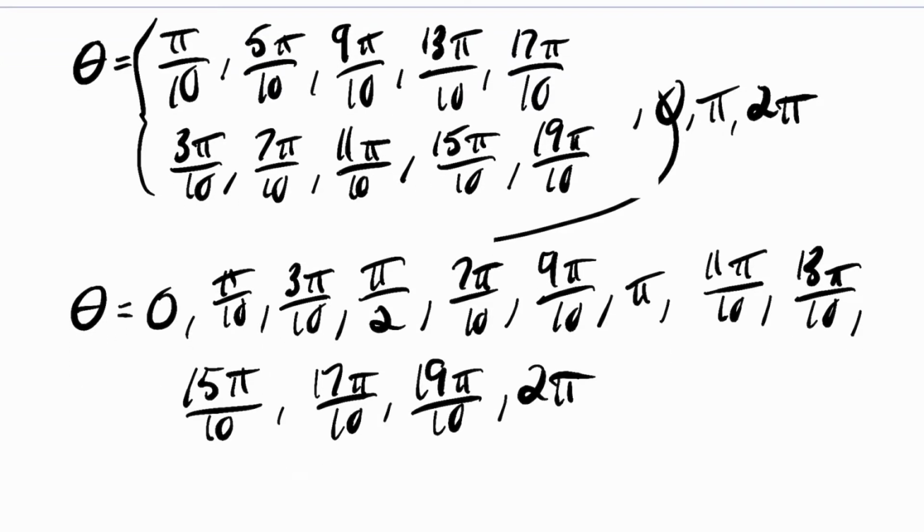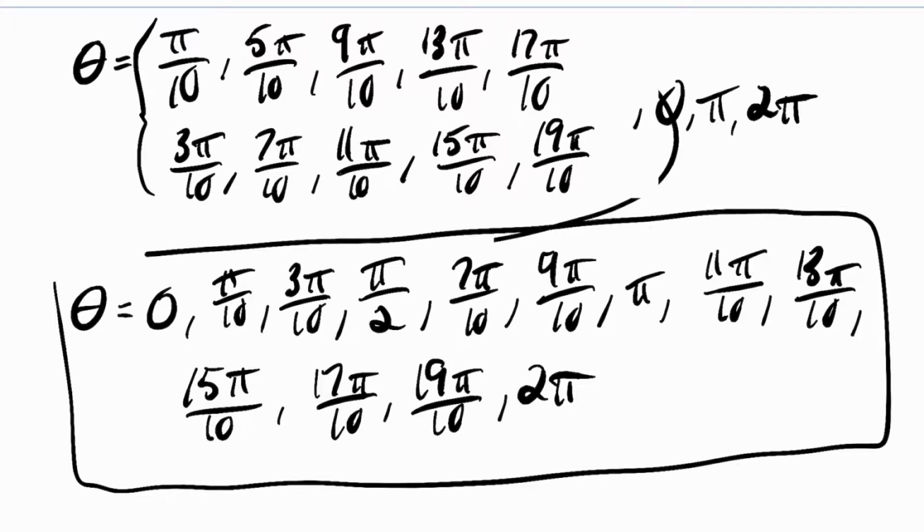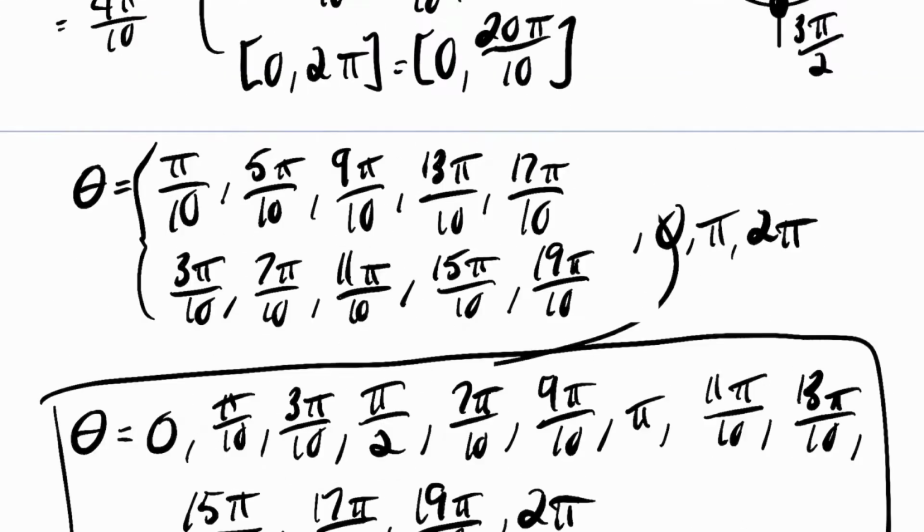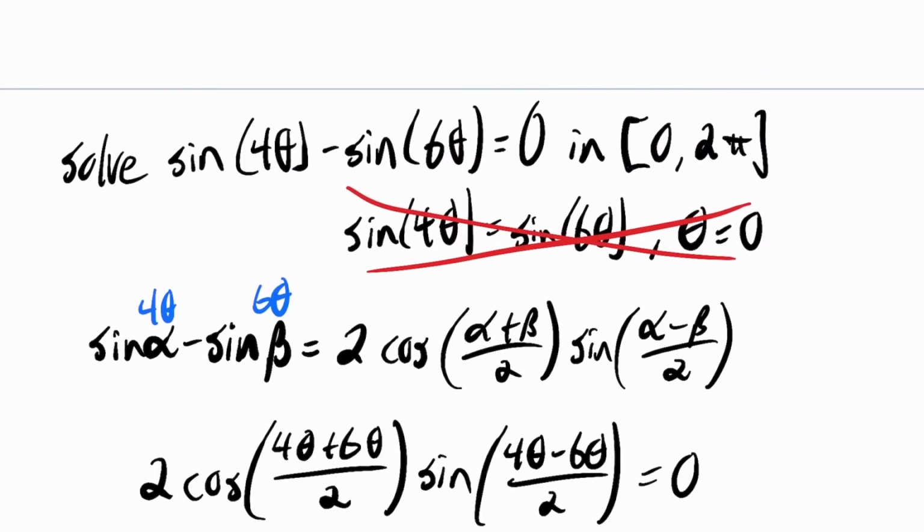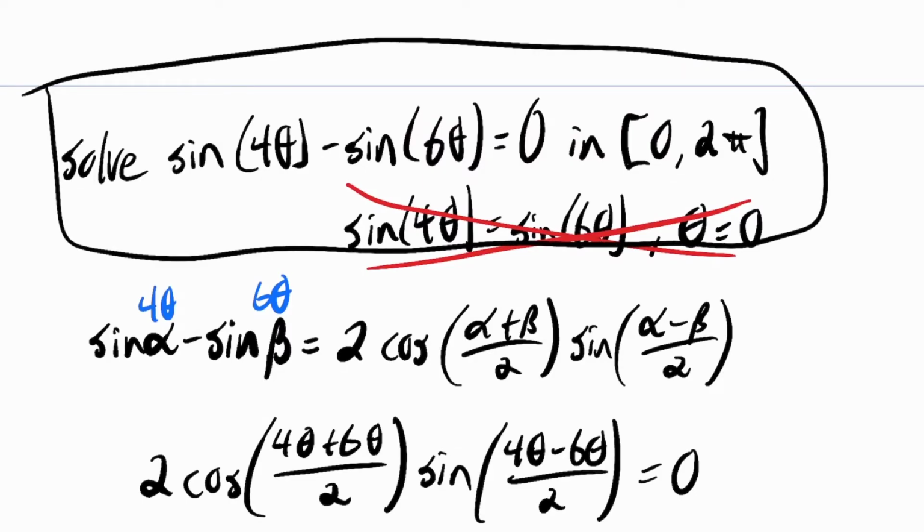So there's the full list of all the solutions to that original equation. 1, 2, 3, 4, 5, 6, 7, 8, 9, 10, 11, 12, 13 solutions to this original equation. So quite a lot of those.